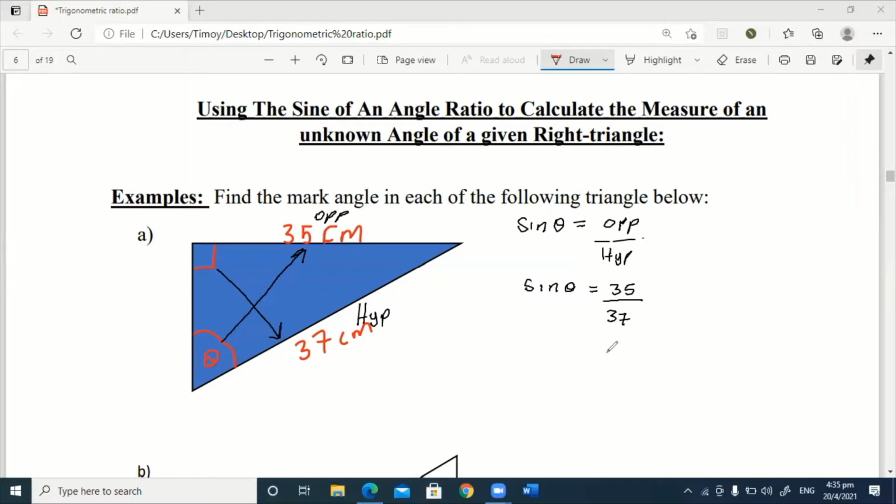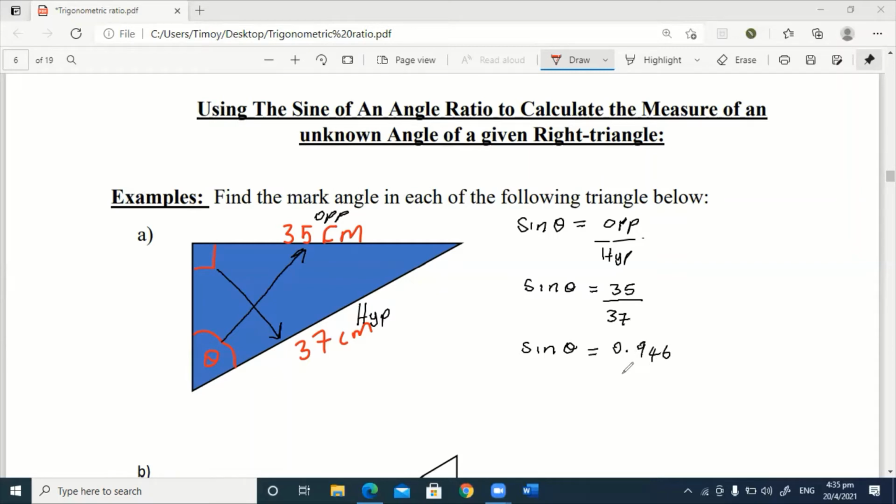Now all you need to do is to divide 35 by 37. So sine theta is going to equal 0.946, correct to three significant figures.